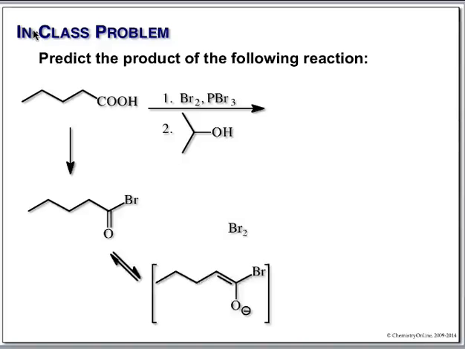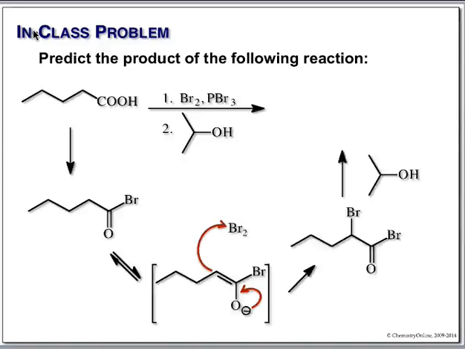Now, just like we saw with simple ketones, an enolate anion in the presence of bromine is going to collapse, electron density here, and we would make the alpha-bromo acid bromide. Now, once again, think back to chapter 21.